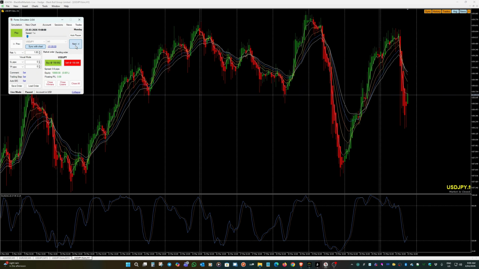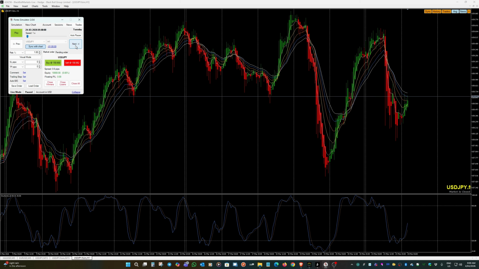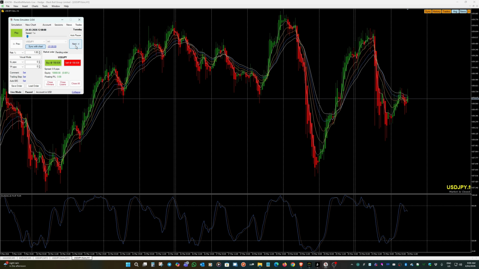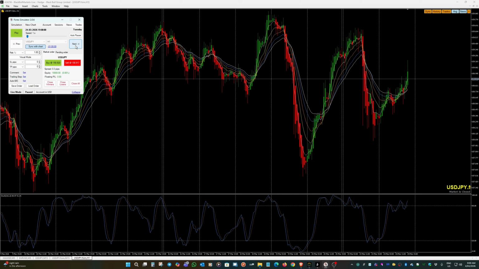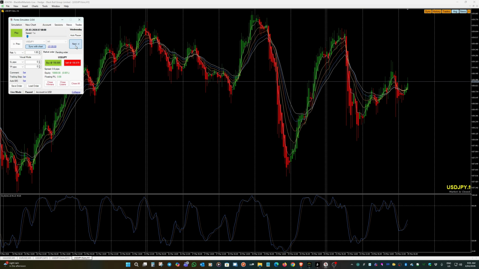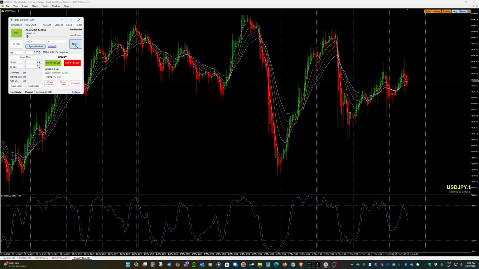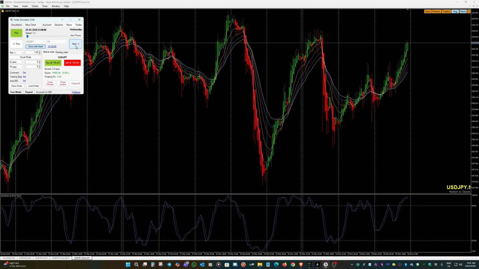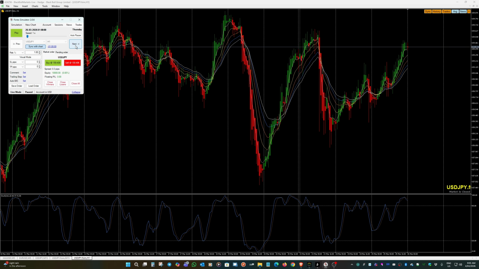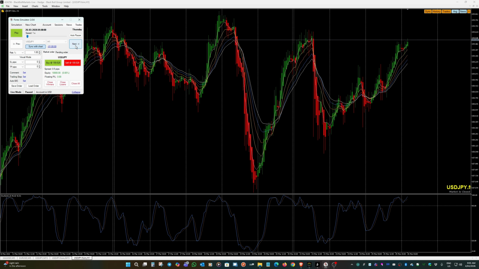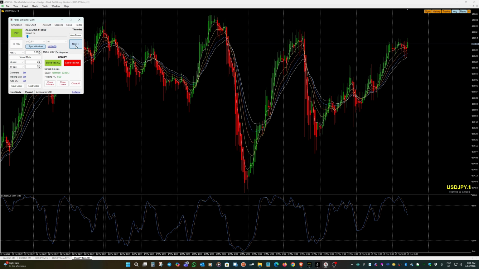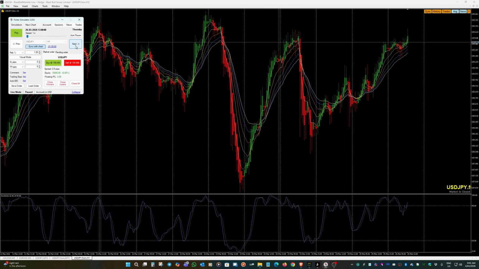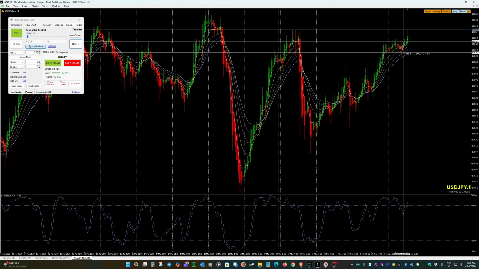We'll keep looking, we'll find one of the setups here in a moment. So here was a setup or pullback to the moving averages and then an entry.